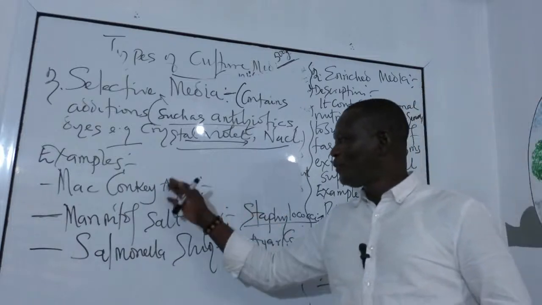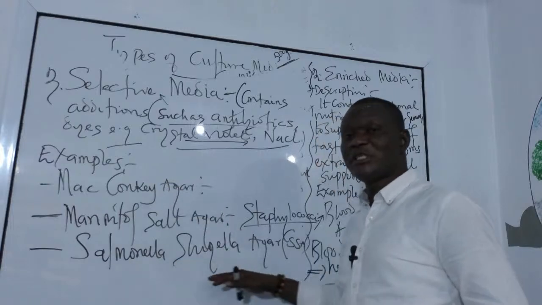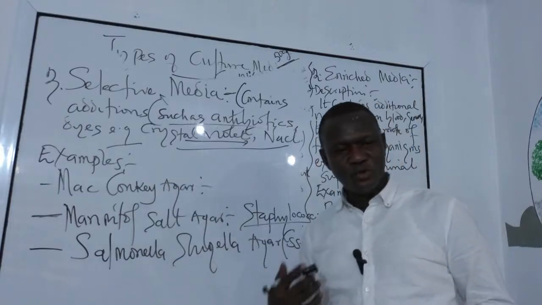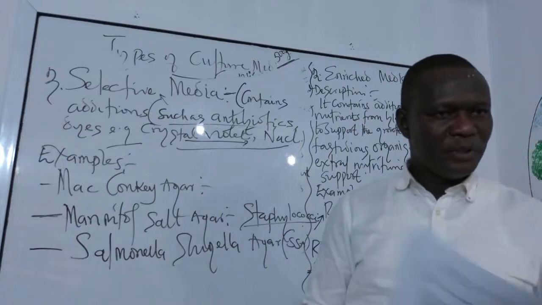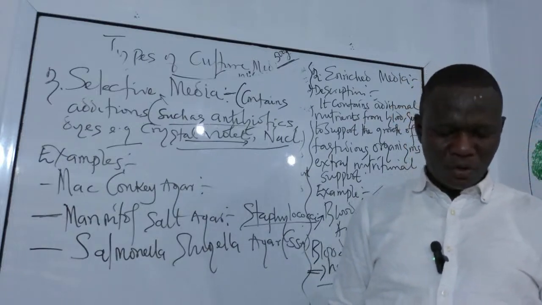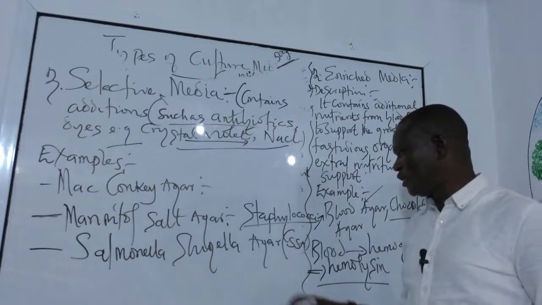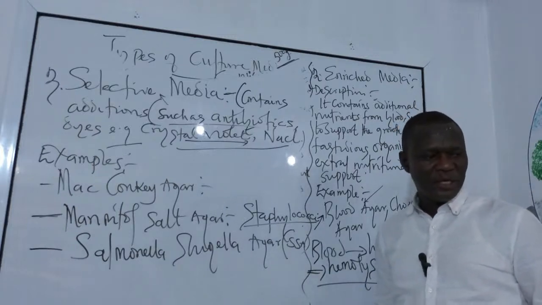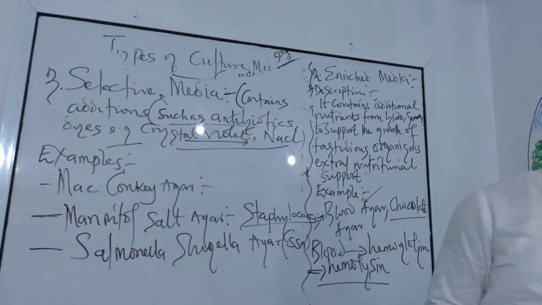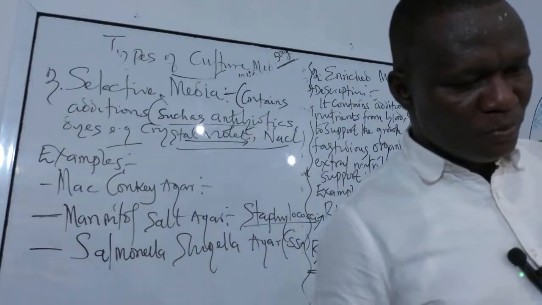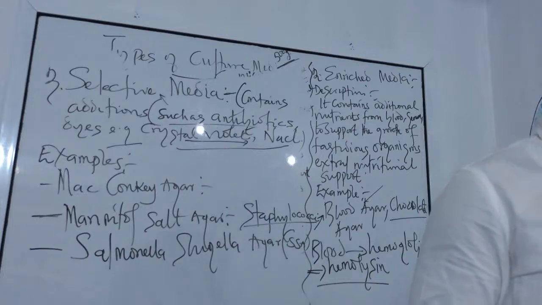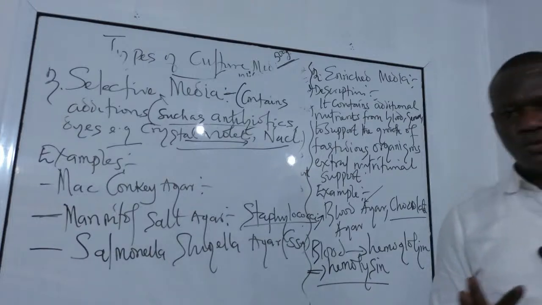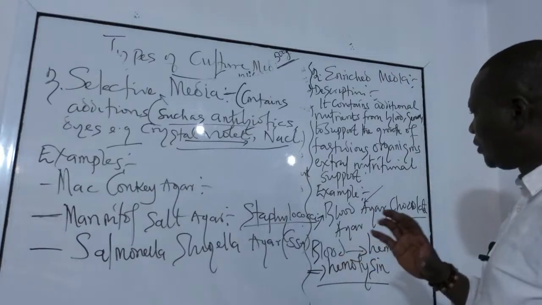And if you pick from MacConkey and you are using SSA, you want to know whether it is typhoid, or maybe a Salmonella, or a Shigella that is actually growing there. So that is where I want us to stop this afternoon, because of our time, so that you'll be able to go through them, read and understand.